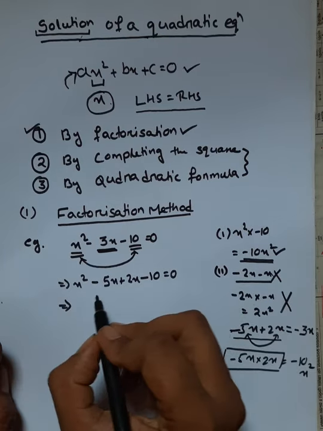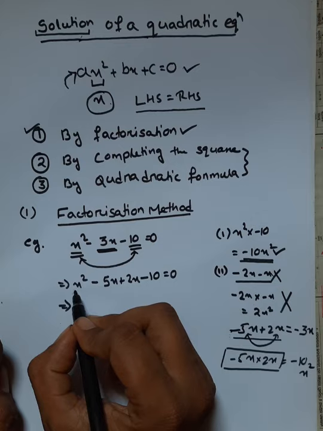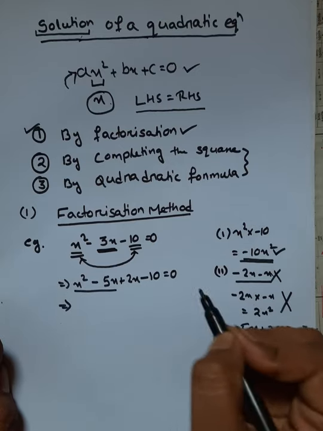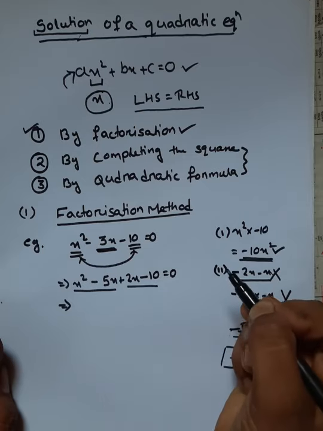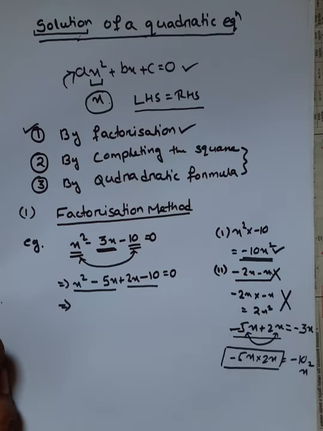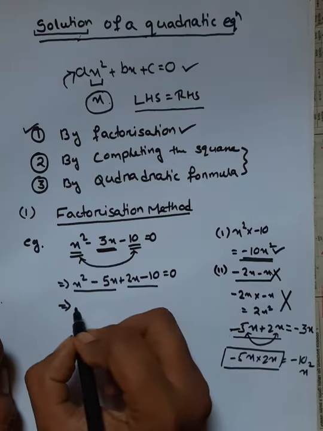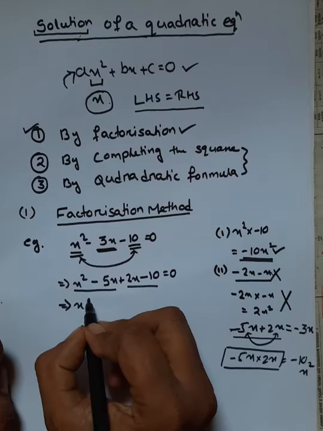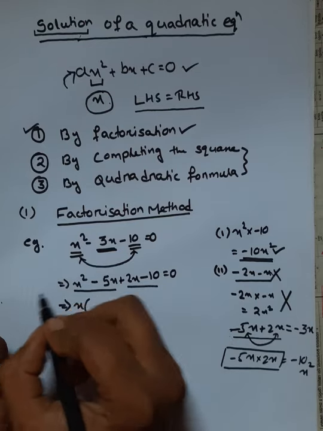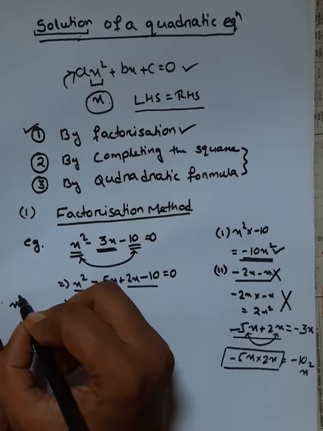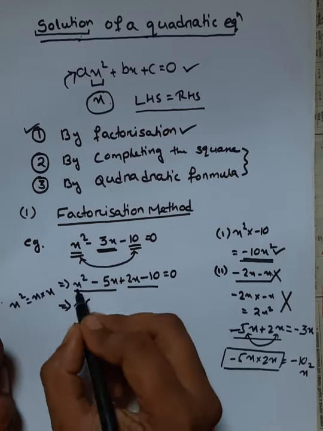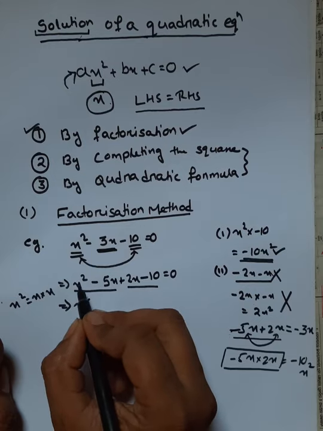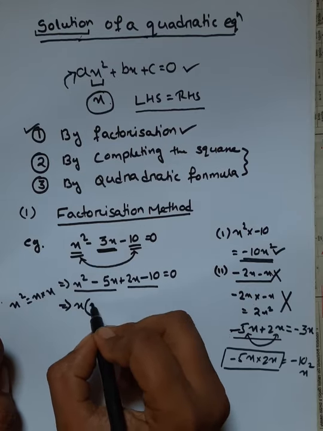Then now in this step we have to take one thing common from the first two terms and another from the next two. See, what is there in the first two? It is x. So x square means x into x. If we take one x common, then there is another x.